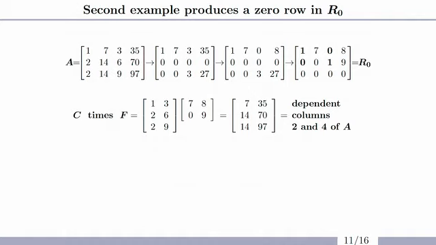They're the ones that end up with the identity, because the identity is the way to find the right independent columns. So they're columns 1 and 3 of the original matrix. So you see C there, 1, 2, 2, and 3, 6, 9. Then F is the part of R from the dependent columns, so that's the 7, 8, 0, 9, and those are the dependent columns.